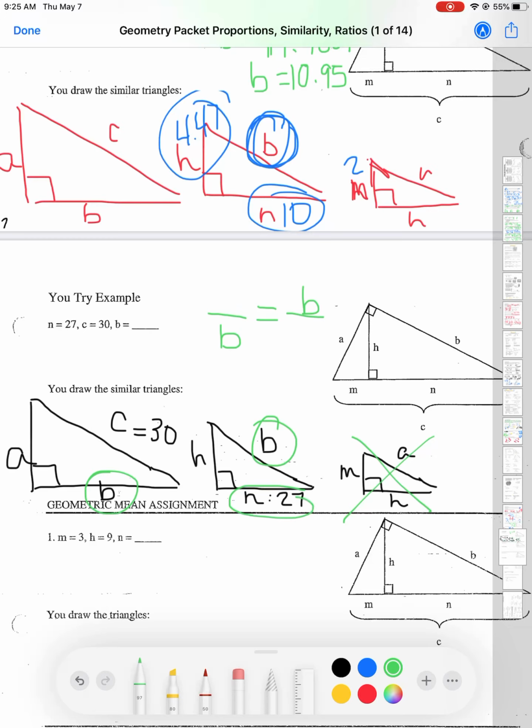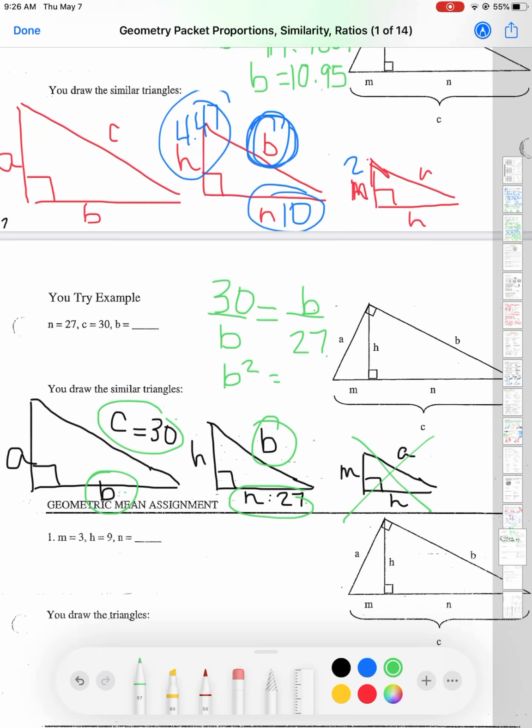And the only other two numbers we have are 27 and 30. So by default, they're probably going to go like that, but you can kind of check yourself. So 30 over B, that's the hypotenuse over the hypotenuse. And then B over 27, that's the long leg over the long leg, so we're good.